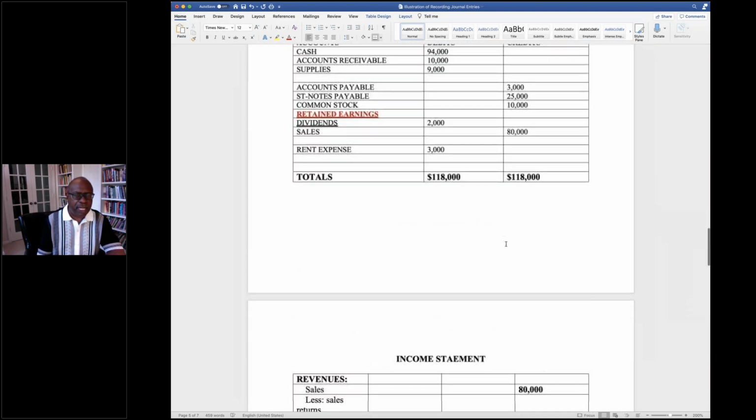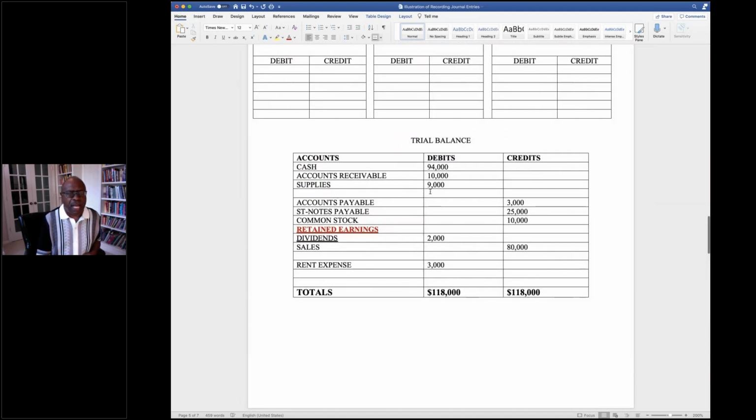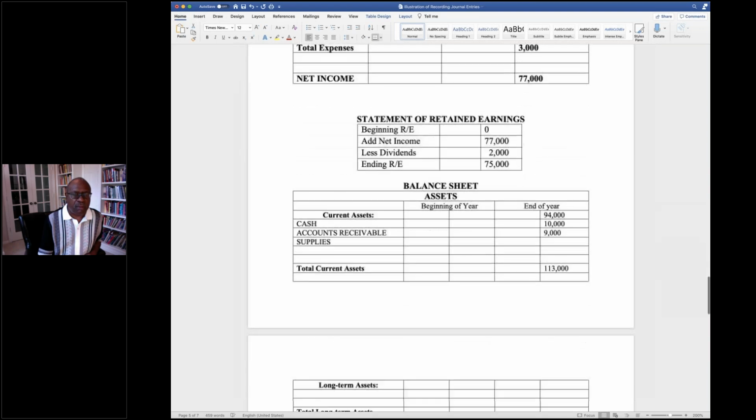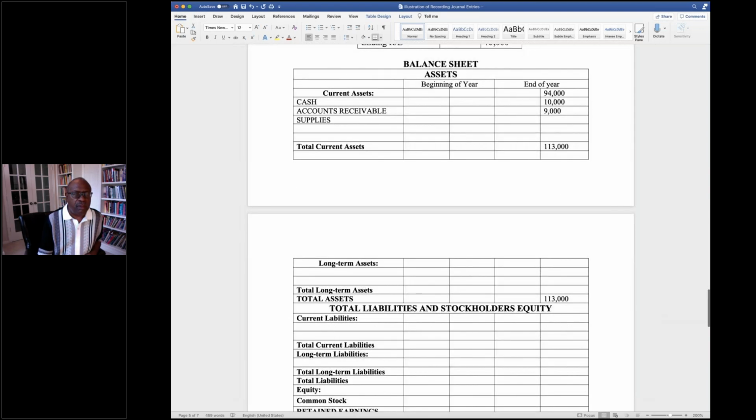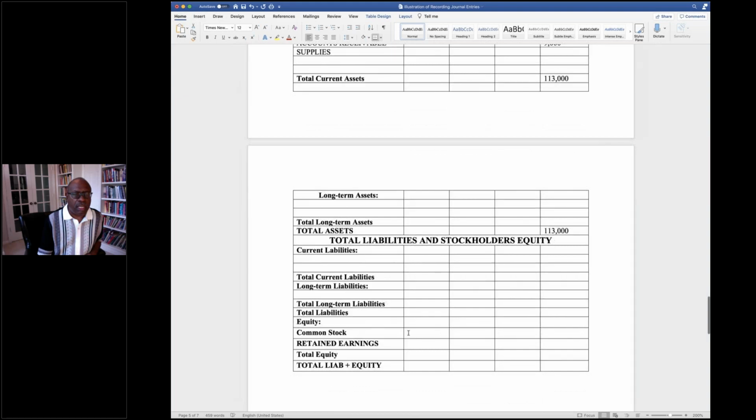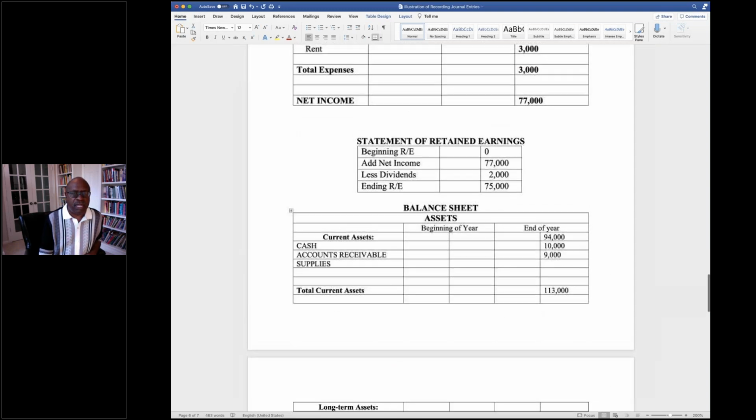Then for the bottom of the balance sheet, we're going to pick up our liabilities. So I'm going to go in here. We have accounts payable and notes payable. I'm going to copy those, and go to my current liabilities and just paste them right there. Accounts payable, short-term notes payable.